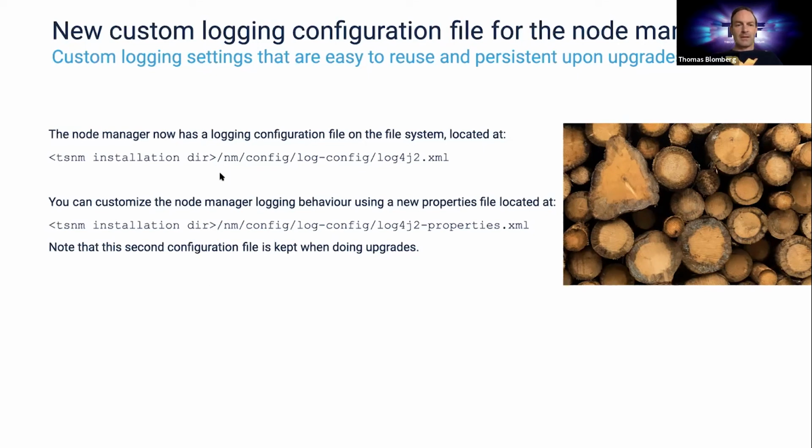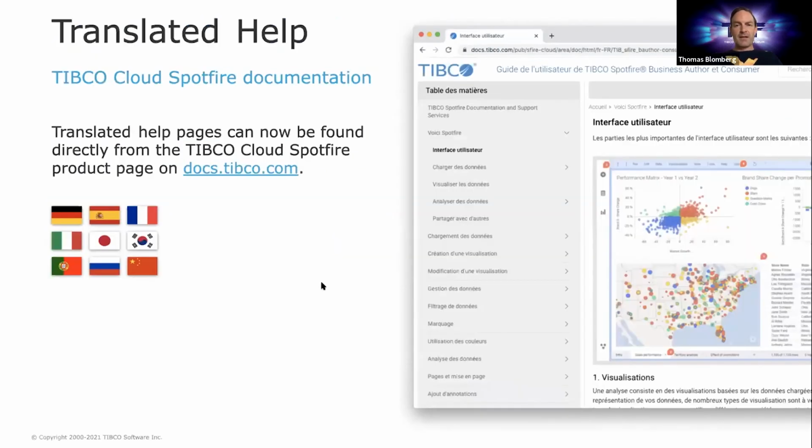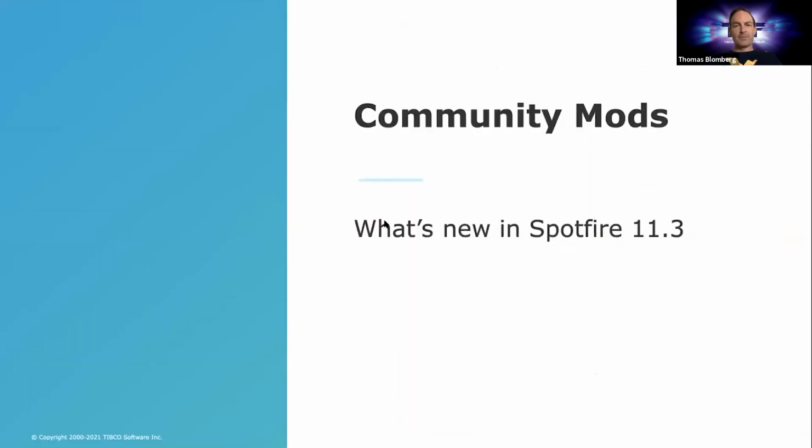The file is located on this path, and you can customize the node manager logging behavior using a new properties file on this path. The help for TIBCO Cloud Spotfire has been translated and is now available in a range of languages. So go to docs.tibco.com and enjoy TIBCO Cloud Spotfire documentation in your preferred language.